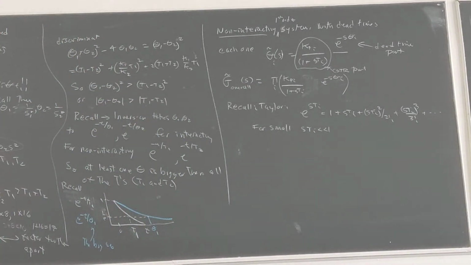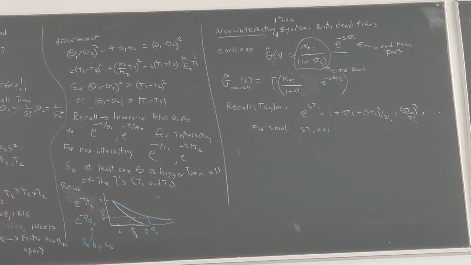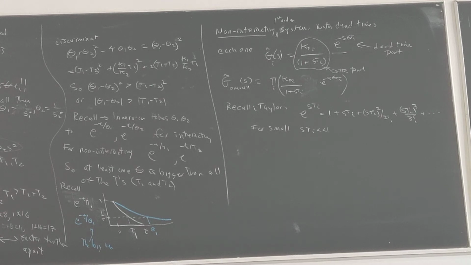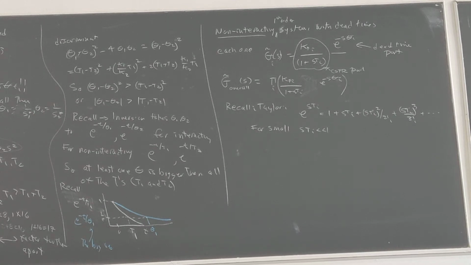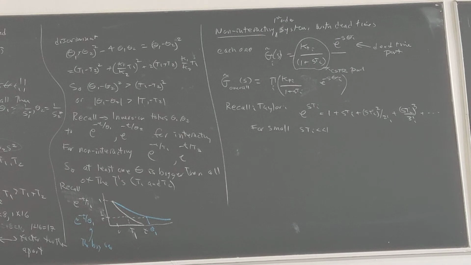Now let's think for a second, what am I talking about there? For small s tau_i, that means I'm looking at what's going on when s goes to 0. S is much less than 1 over tau_i. S goes to 0, remember, tells me something about long times. Remember the final value theorem, I was taking the limit as s goes to 0 of s times y prime tilde of s.